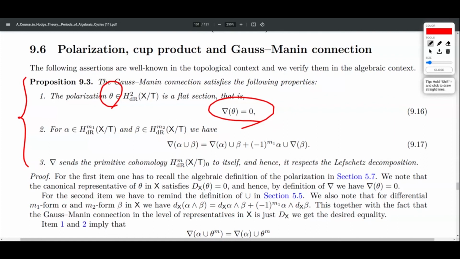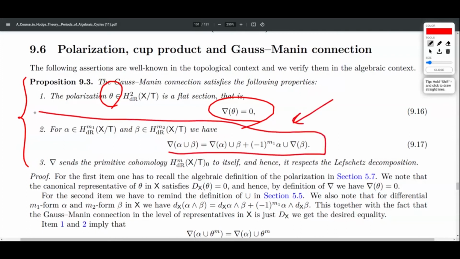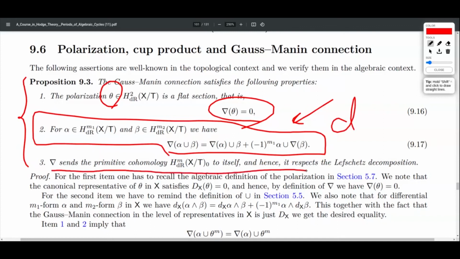Since we have defined the Gauss-Manin connection using the usual differential, it is natural to expect also this second property, which is derived from the similar property for the differential d, and also the fact that the Lefschetz operator sends the primitive cohomology to itself, and so it will respect the Lefschetz decomposition.